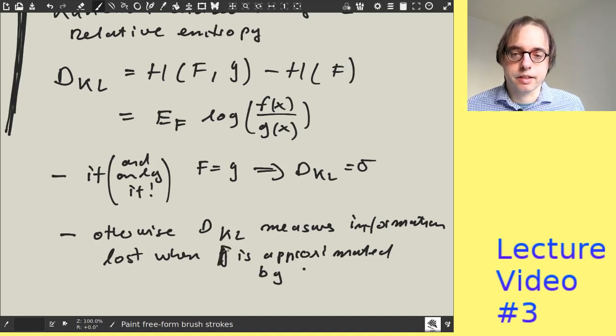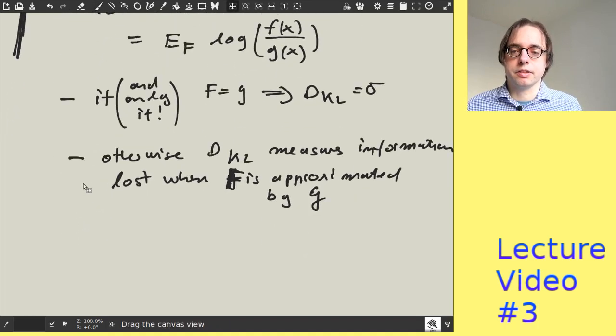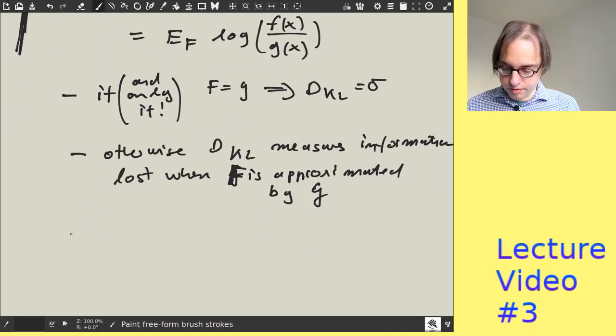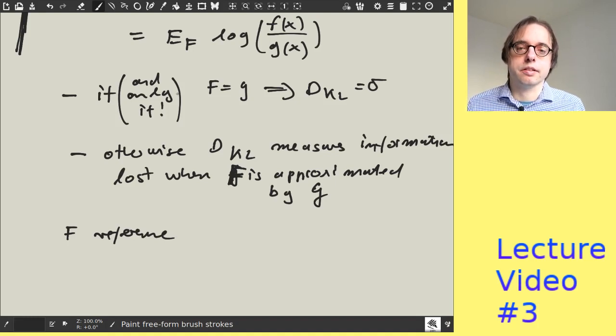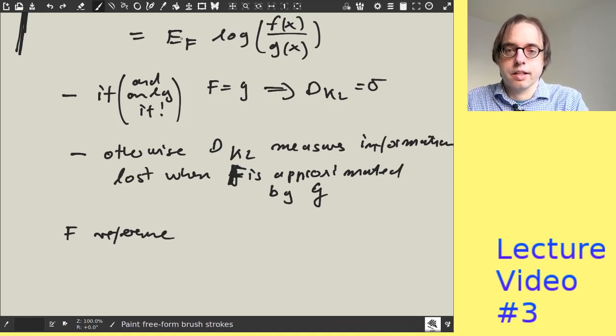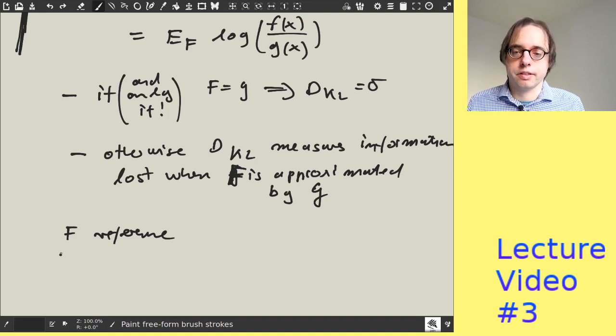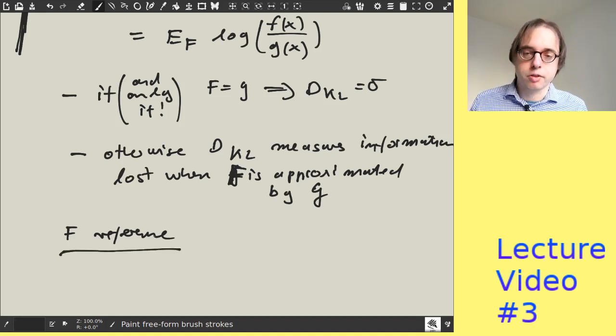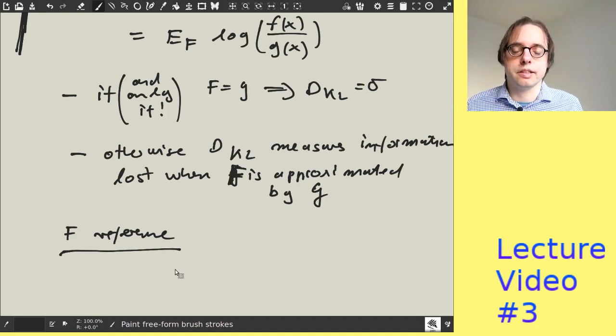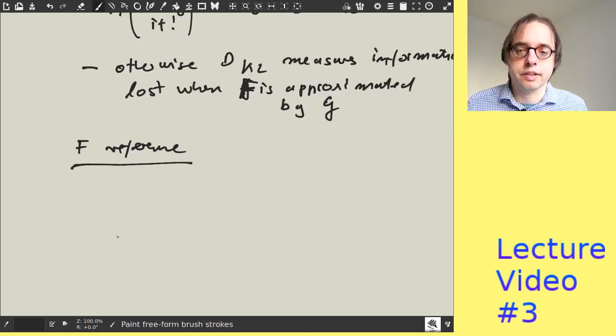Now, when F is approximated by G. F is the reference distribution, and you can remember this because we have the expectation with regard to F. F is the reference.